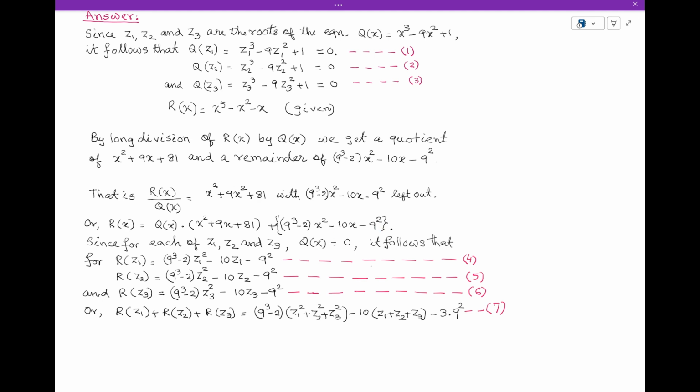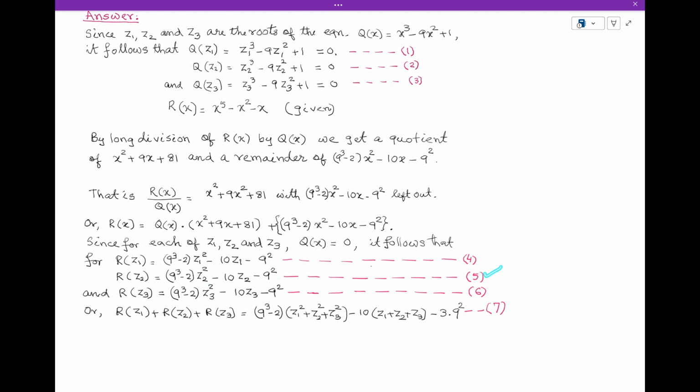Since for each of g1, g2 and g3 Q(x) is 0, it follows that R(g1) is equal to the remainder evaluated at g1. Similarly, R(g2) is equal to the remainder evaluated at g2. Let us call it equation 5.